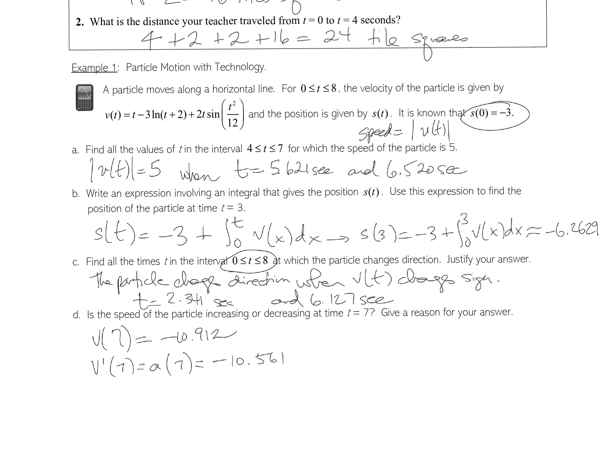That means the speed is increasing. So therefore, the speed is increasing at time equals 7 seconds because v of 7 and a of 7 are both negative.